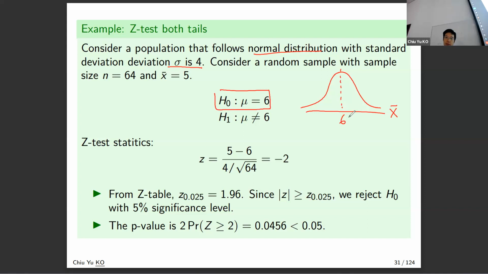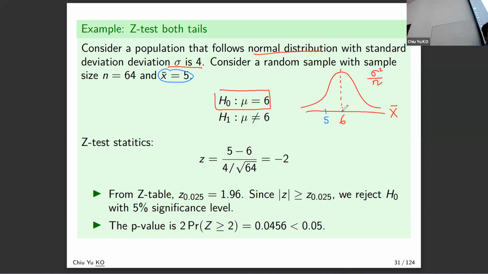Just to recall again, the data we have is that the sample mean is just 5, and it's here.